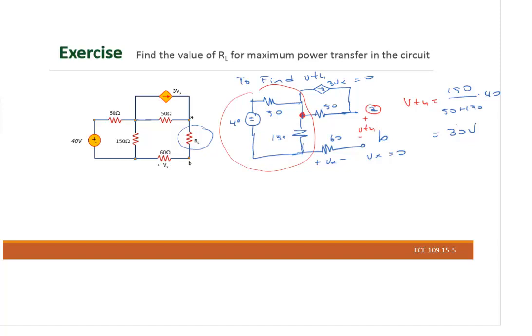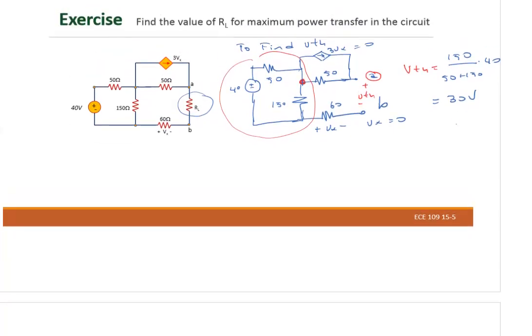To find RTH, we're gonna take off the voltage source. We're gonna leave the dependent source right there. Only take out the independent voltage source. We're gonna put 1 volt in the RL AB connection right there. So we're gonna have a short circuit right there.